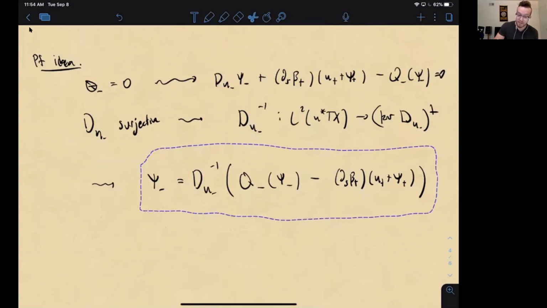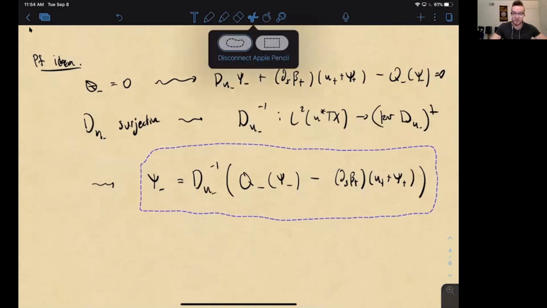And I'll get the corresponding expression for psi plus, with the flipped signs. And Zoom is way behind me right now. I don't know what to do about this.